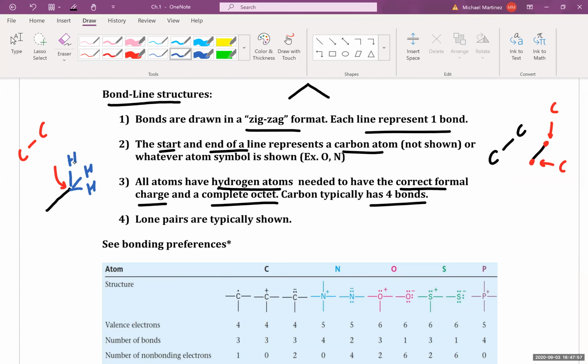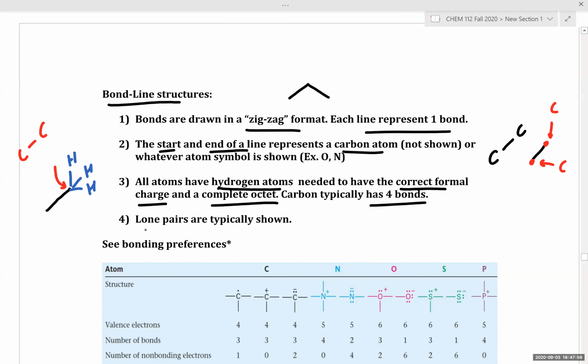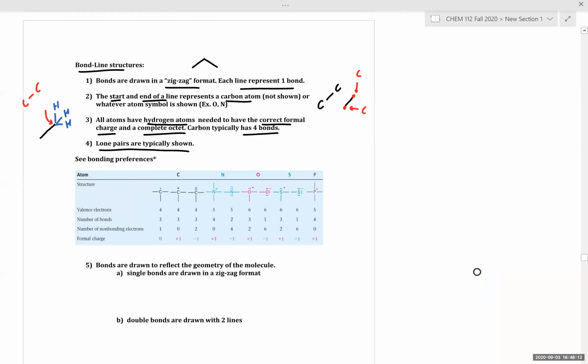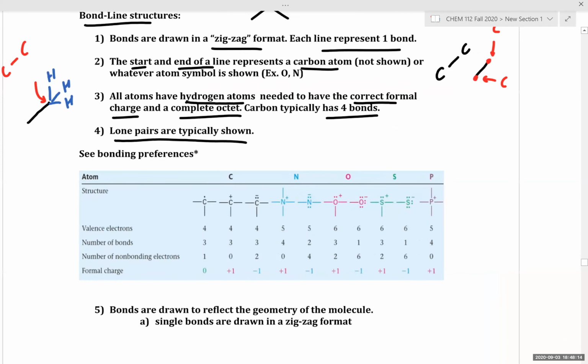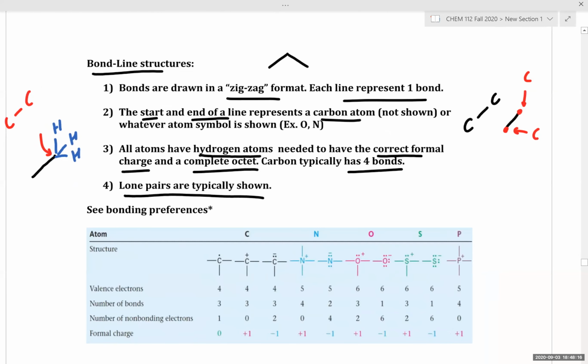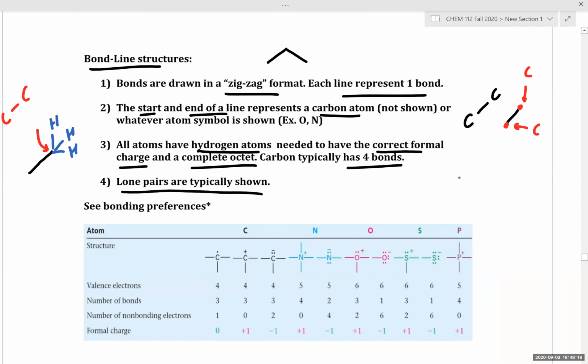Now, in bond line structures, lone pairs are also typically shown. To give you an example where formal charges begin to have an influence in how we draw these bond line structures, how would we draw hydrogens on the following arrangement?